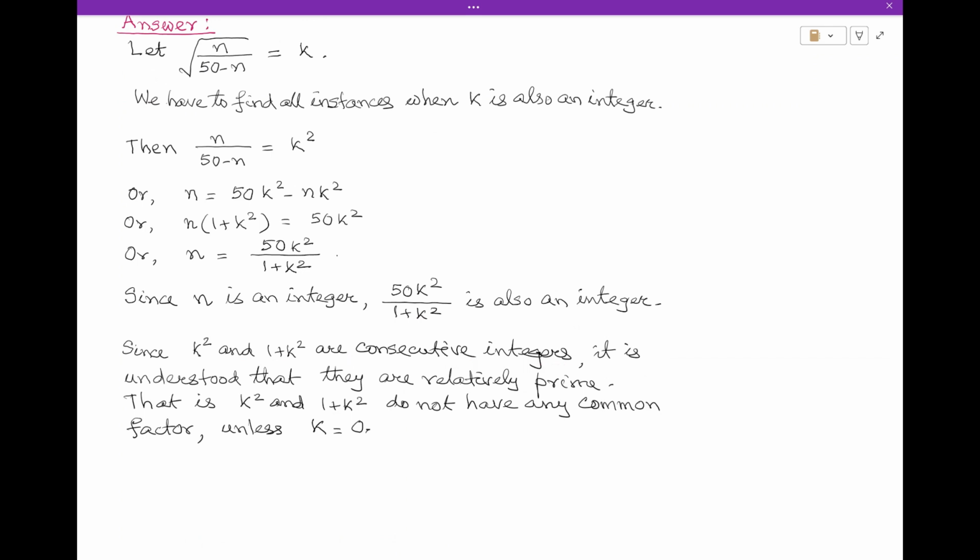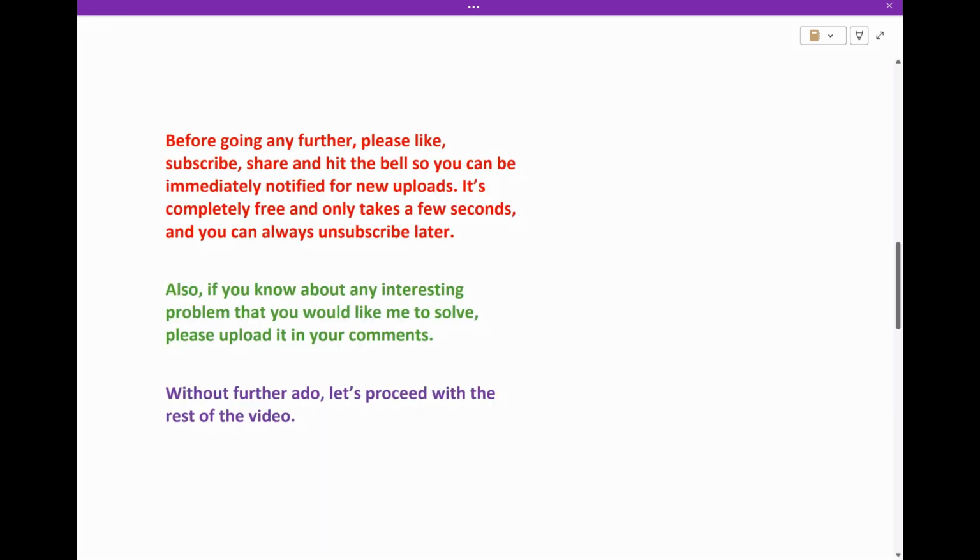It is understood that two consecutive integers are relatively prime. Therefore, k square and 1 plus k square do not have any common factor unless k is equal to 0.